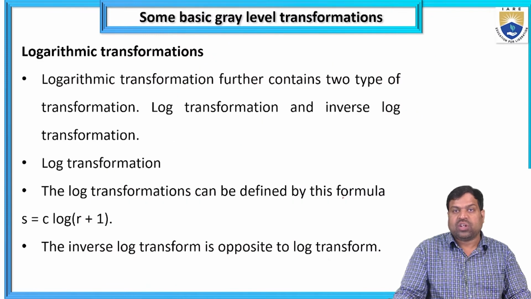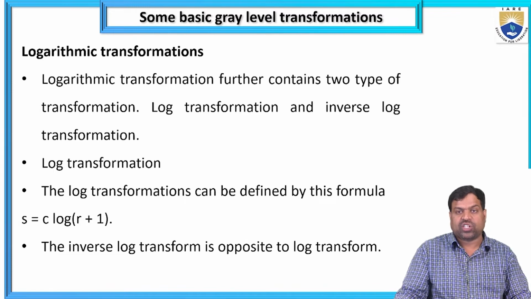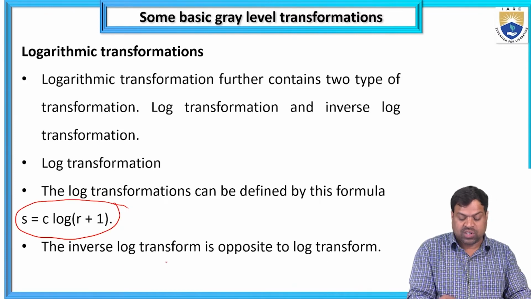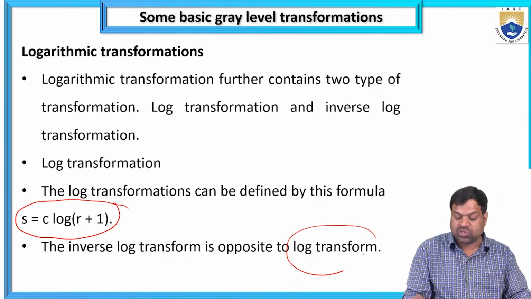Okay. So, logarithmic transformations. The logarithmic transformation further contains two types of transformation: log transformation and inverse log transformation. What is a log transformation? The log transformation can be defined by the formula S equals C into log of R plus 1. The inverse log transformation is the opposite of this function.